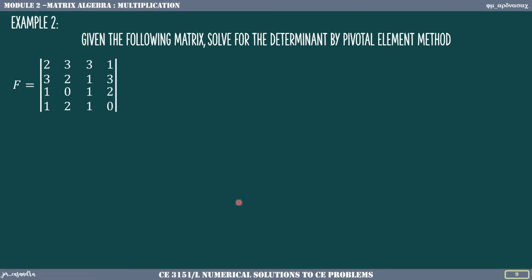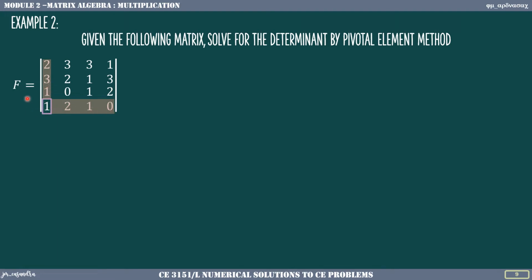So by the pivotal element method, we choose the element that will have unity, or that is equal to 1. So we have several values, or elements, equal to 1. So for this example, let us choose the element at 4, 1. Okay, so we eliminate the row and the column of that element.